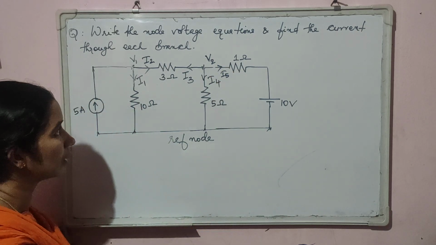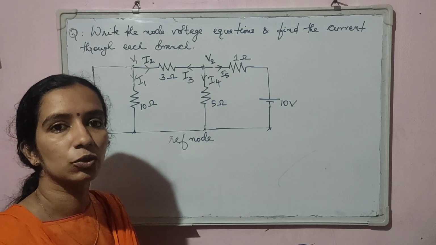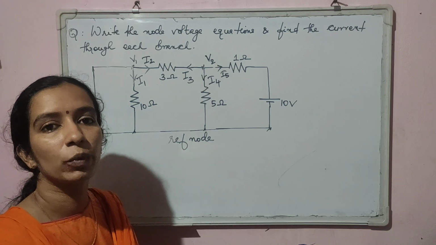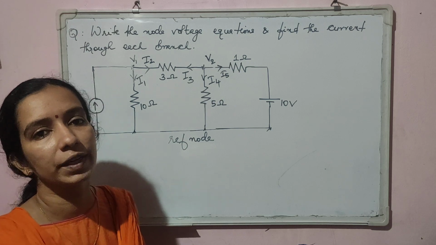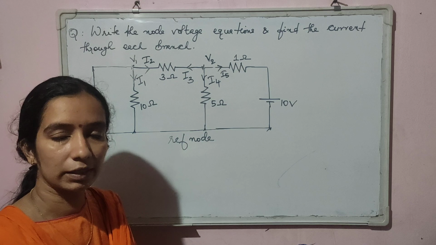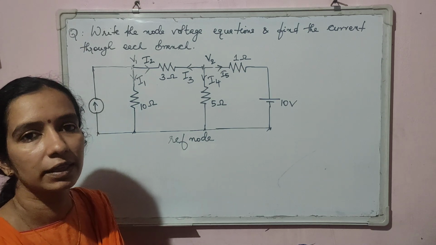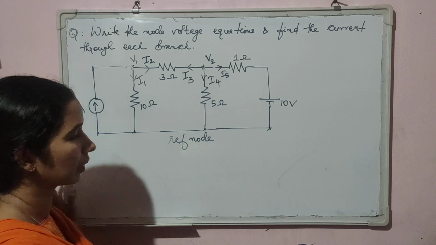So we have considered the multiple nodes, assigned voltages to those nodes, and also marked the currents flowing through various branches.